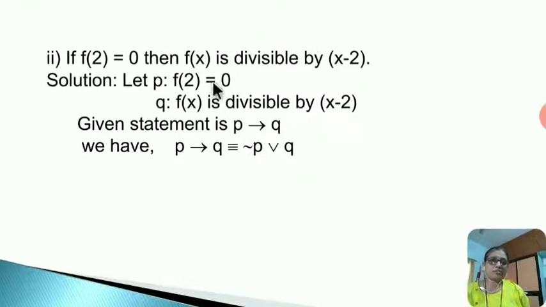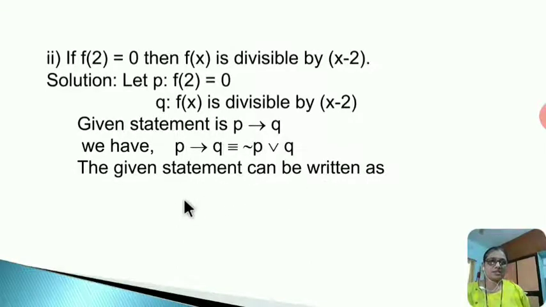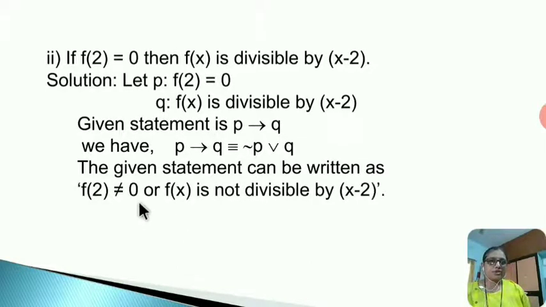Here equality becomes not equal, and so we write the given statement as f of 2 not equal to 0 or f of x is divisible by x minus 2.